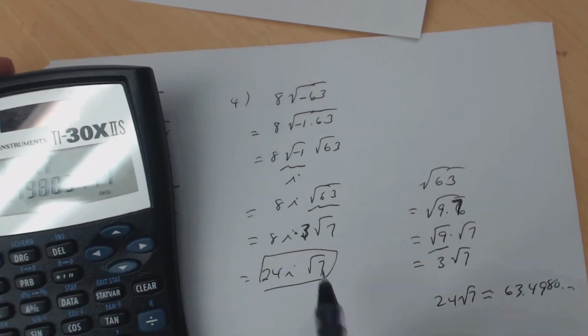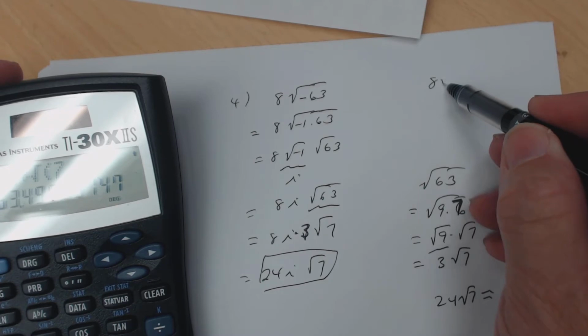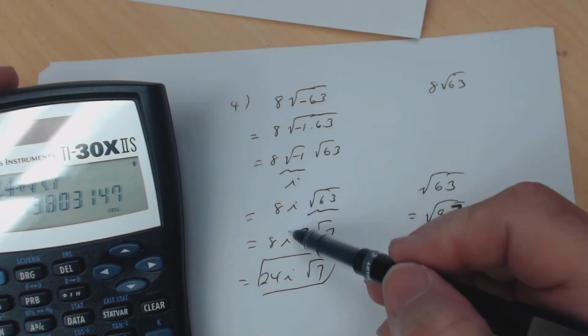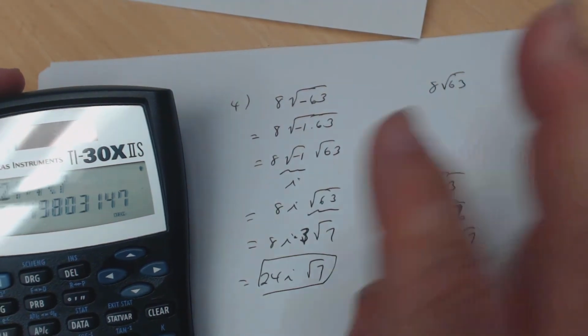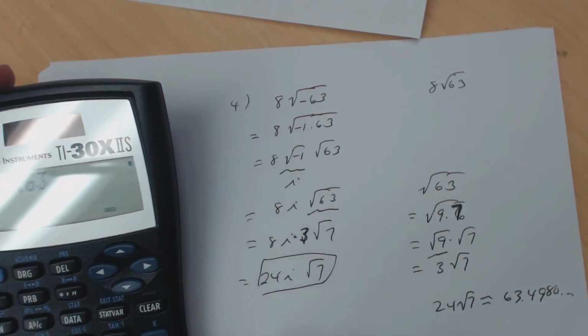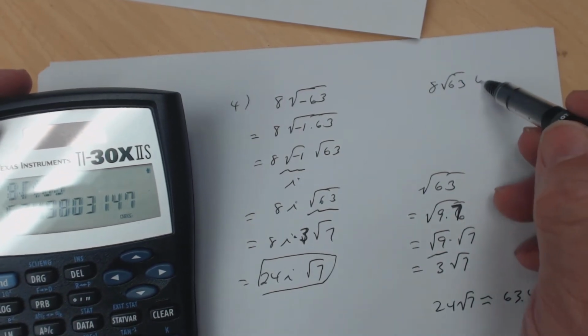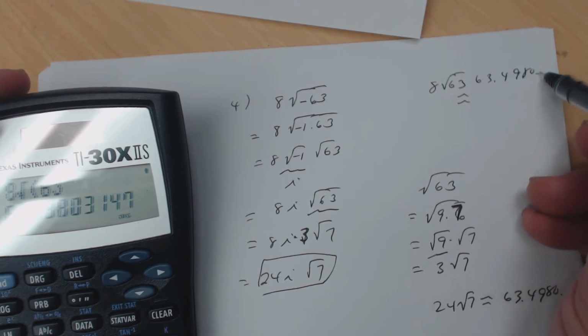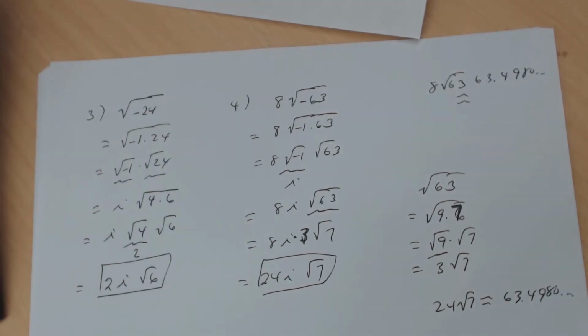And then over here, this is 8 square root of 63. Don't forget, let's just not worry about the negative because that's that i. 8 square root of 63 is 63.4980 and so on. And that's what we got here.